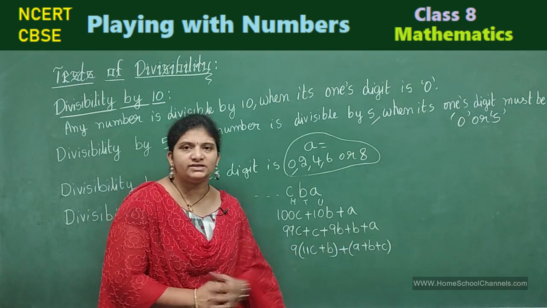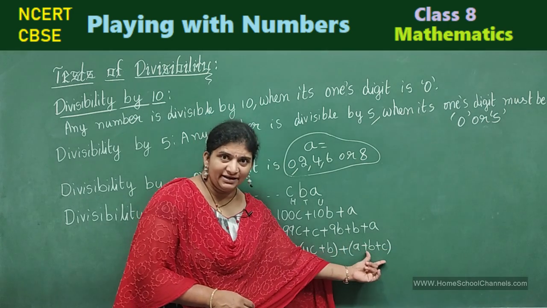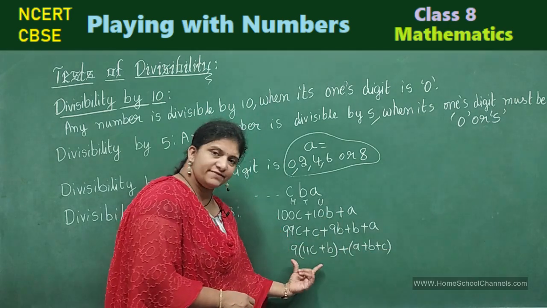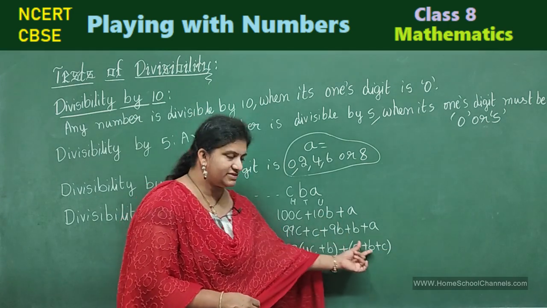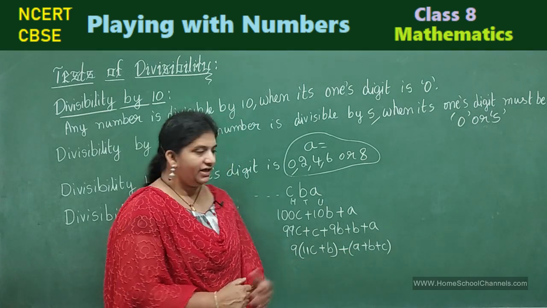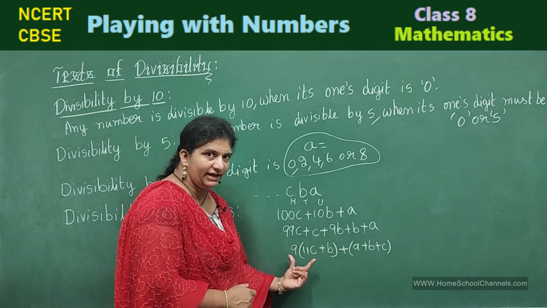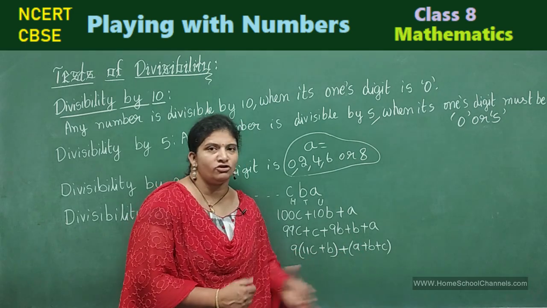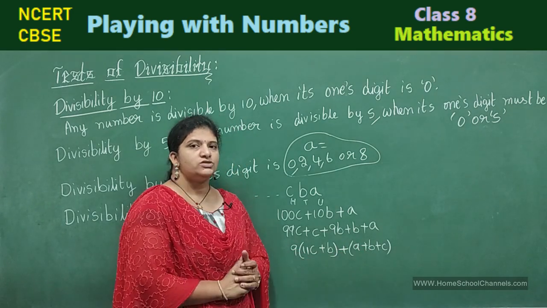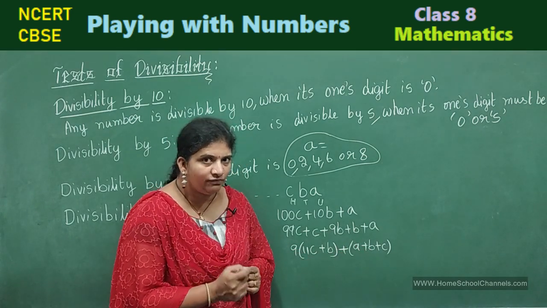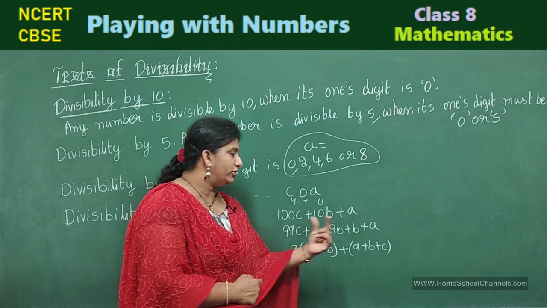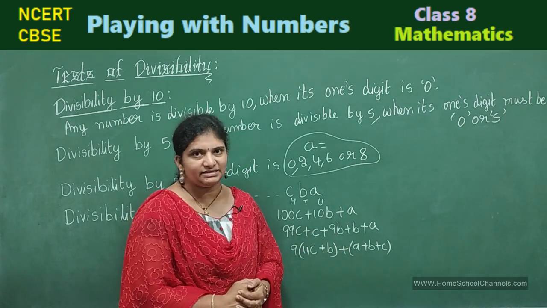Then what about this? We need to add the digits. If this is divisible by 9, then the number will be divisible by 9. If this is not divisible by 9, then the number is also not divisible by 9. So for the divisibility rule of 9, what we need to do? We are going to sum the 3 digits.